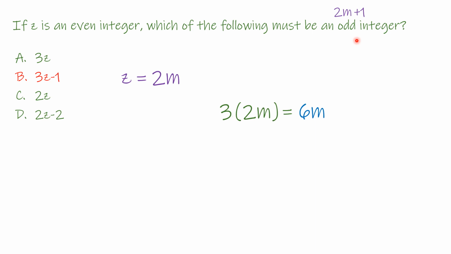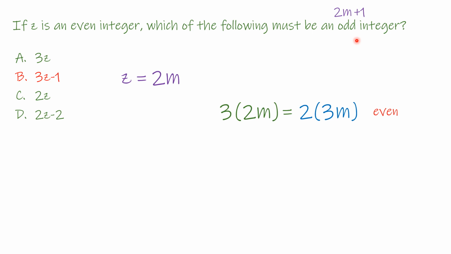We don't know yet. We can change its form first. 6 can be written as 2 times 3, so we can have 2 times 3m. So 2 times 3m, or 2 times any number, is, as I said, an even number. So A, 3z, which is an even number, is not possible as an answer.